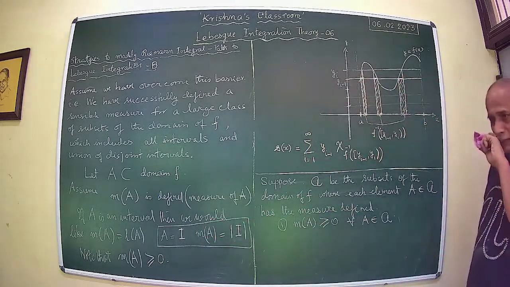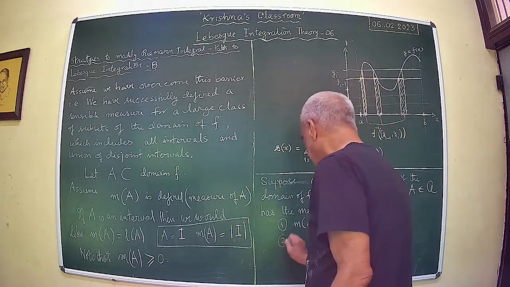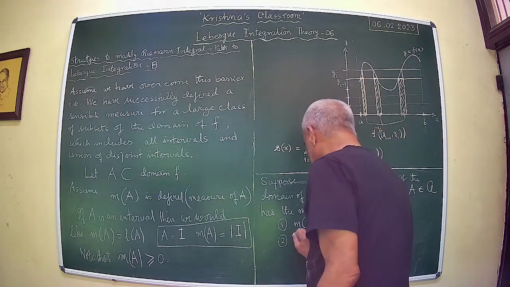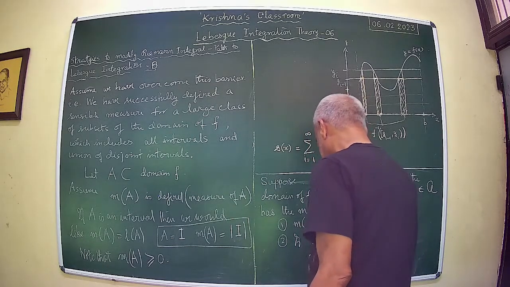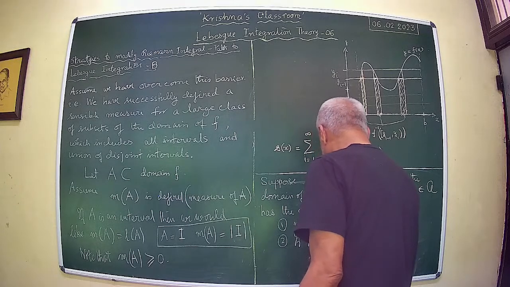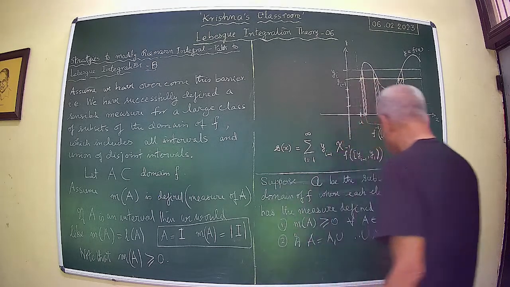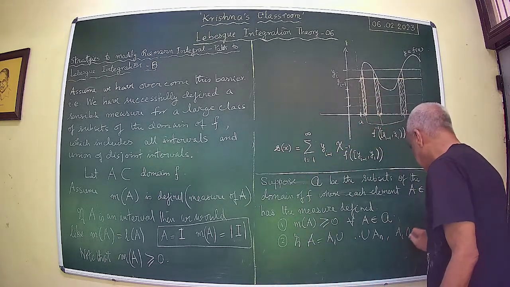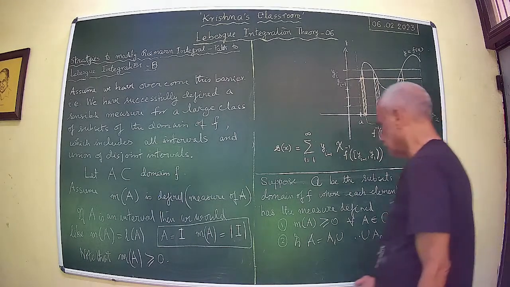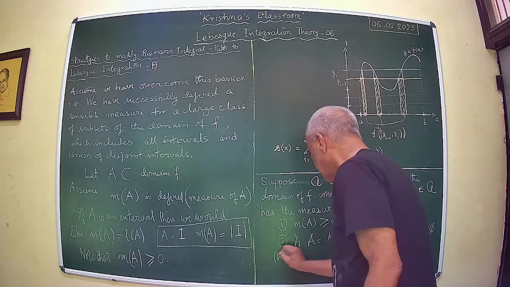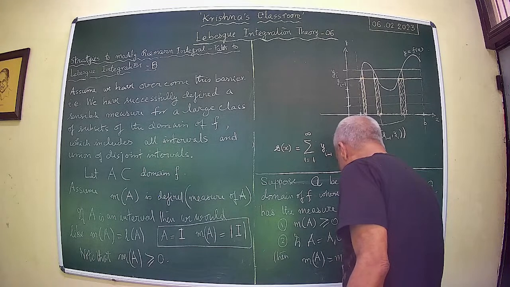That is, for intervals it becomes the lengths. 2, what we expect is that if A is equal to A1 union up to AN, where AI intersection AJ is empty, then measure of A is the sum of the measures.